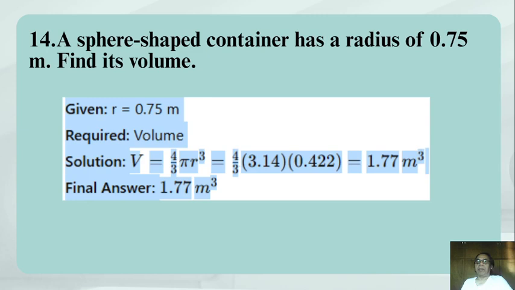Practice problem number 14. A sphere-shaped container has a radius of 0.75 meter. Find its volume. So required, our radius is 0.75 meter. That's the given. The required is the volume.